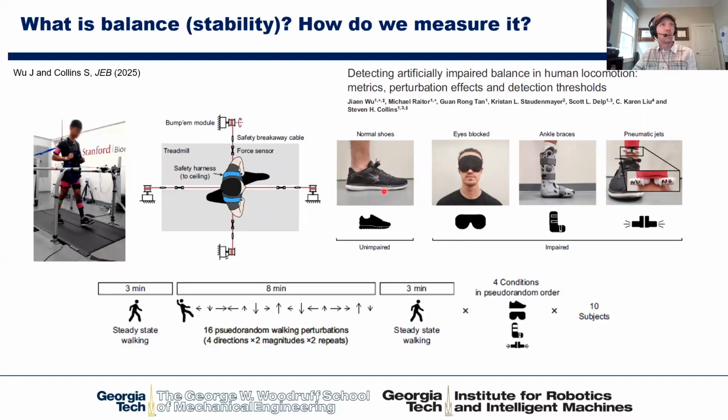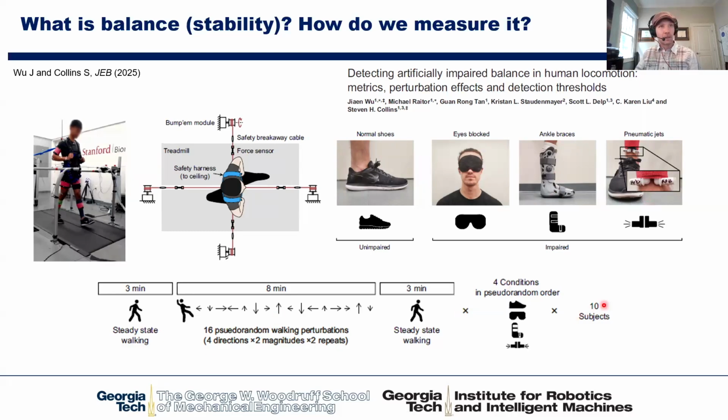So they had people walk in normal shoes, then they blocked people's eyes. People were in a harness, so they couldn't trip, slip, or fall over. They locked ankles, and then they did this really creative thing called pneumatic jets, where they would fire a pulse of air onto the swing leg to disrupt the foot placement intent of the person.